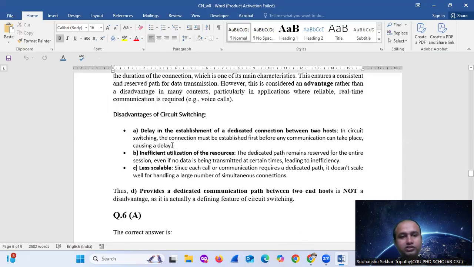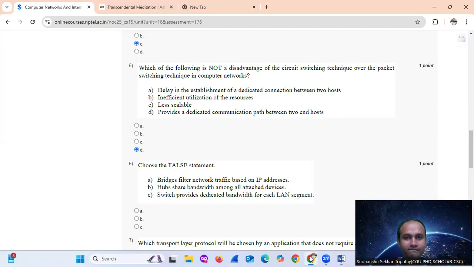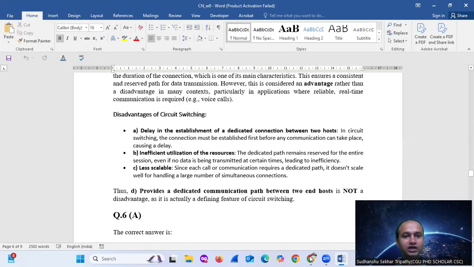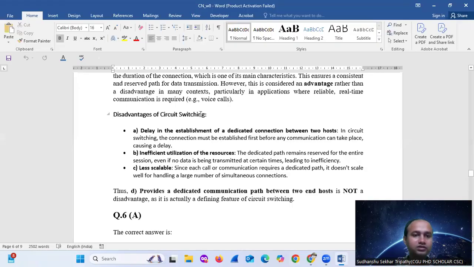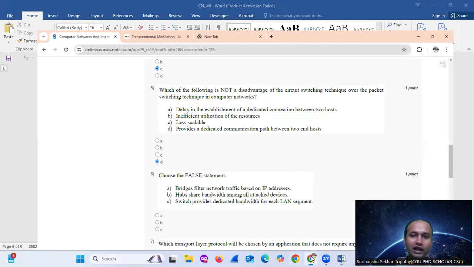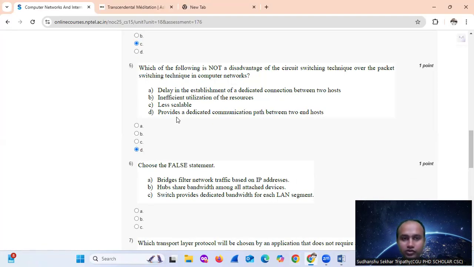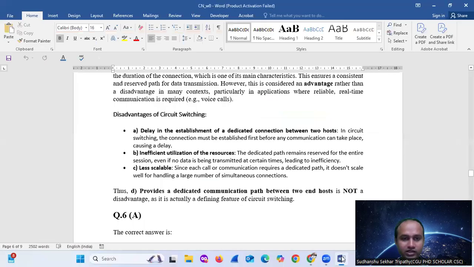In circuit switching, the connection must be established first before any communication can take place, causing a delay. Okay, so it is asking about circuit switching, right? So what was asked as advantages, that is option D, and A, B, C are the disadvantages.